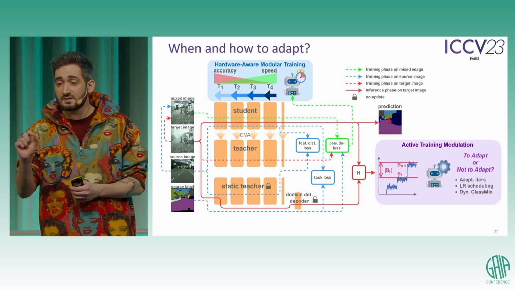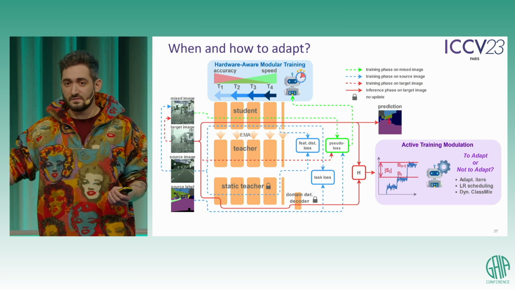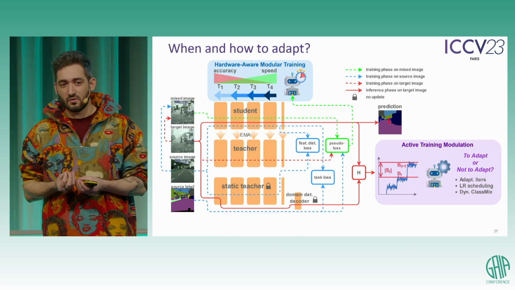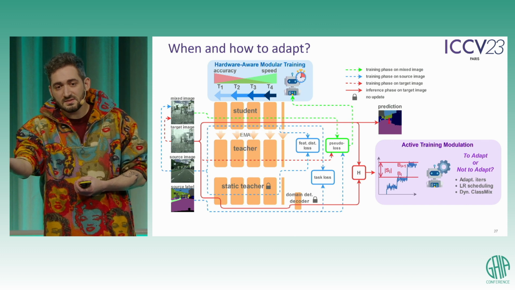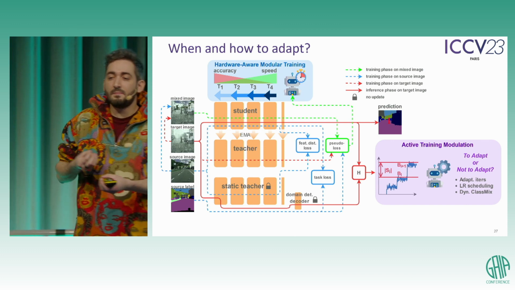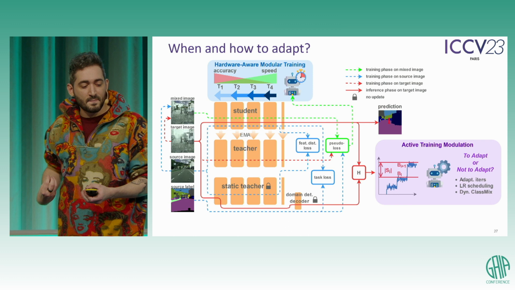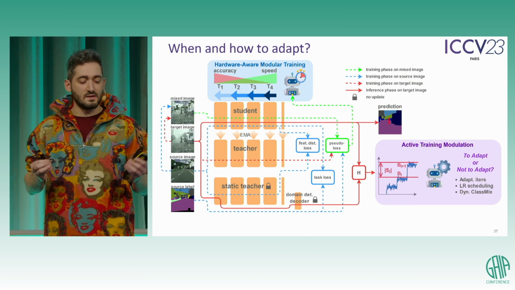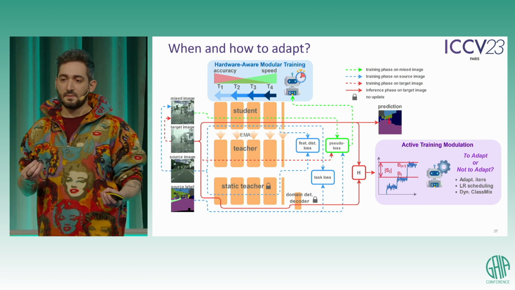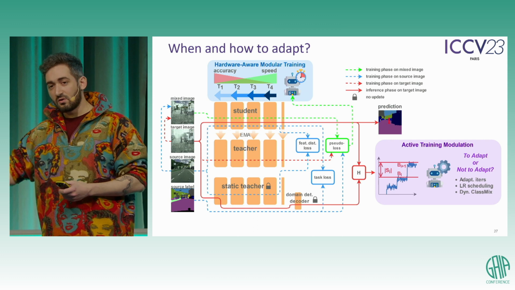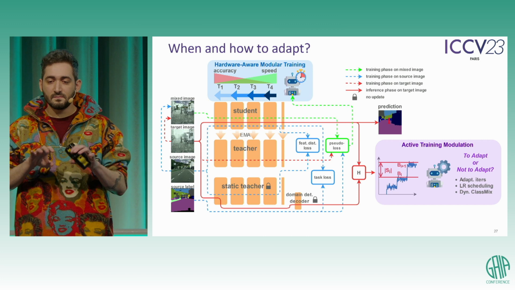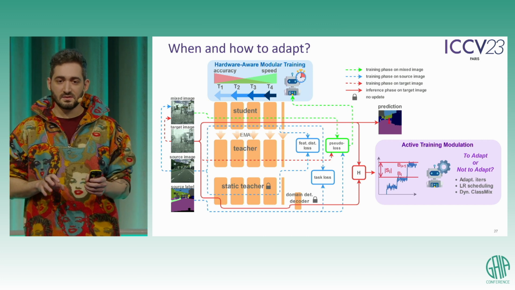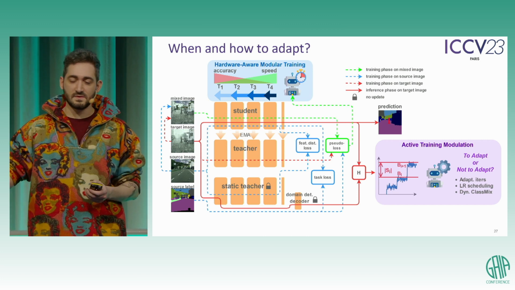If we can also understand how big the domain shift is, and whether it is going, let's say, into even more unknown territory, or instead it's coming back towards what we know already, then we can understand how much we need to adapt. So do we need to adapt for a long time or a short time, and we can effectively tune the training parameters according to the domain shift that we are experiencing.